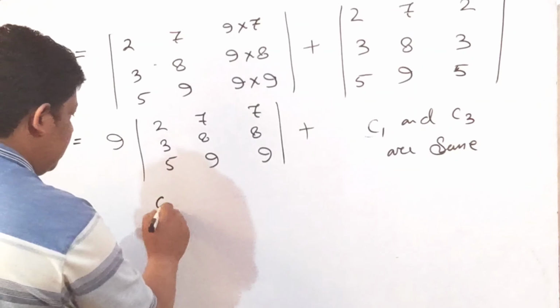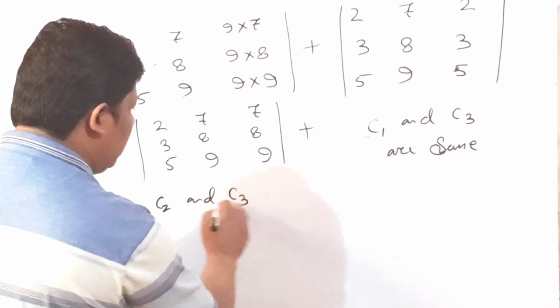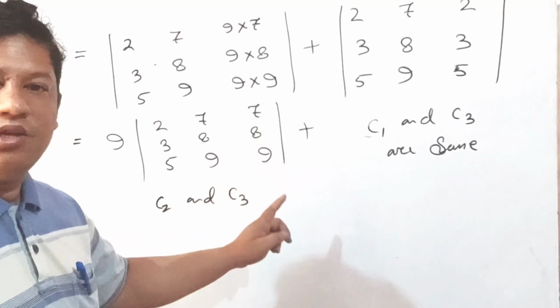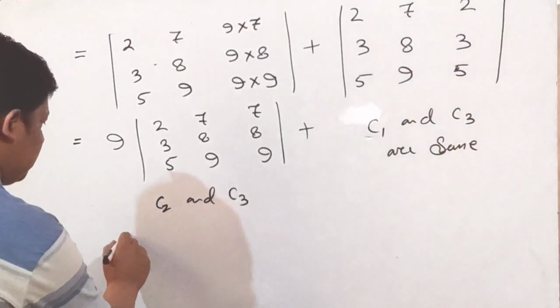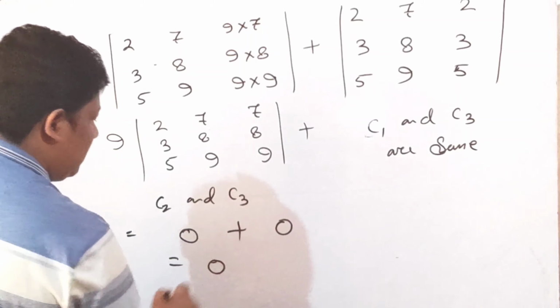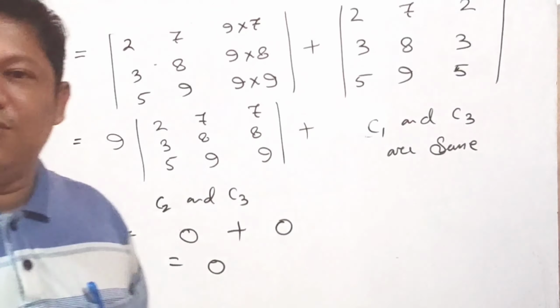Here also, C2 and C3 are the same, because 7, 7, 8, 8, 9, 9. So in these cases the value of the determinant equals 0, and this is also equal to 0. So my students, I think you understand.